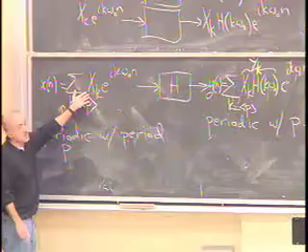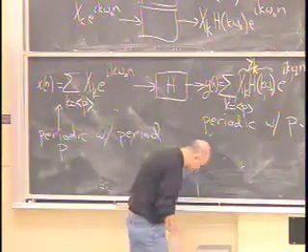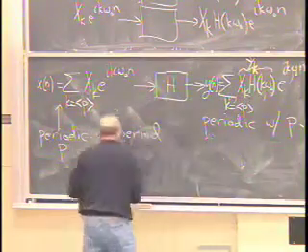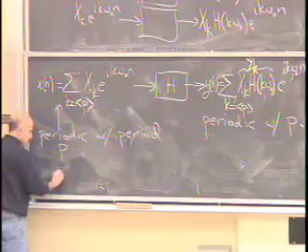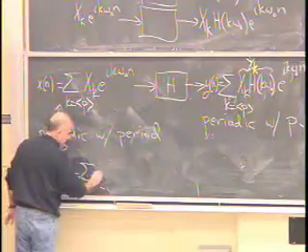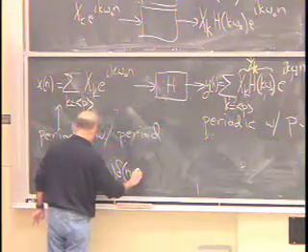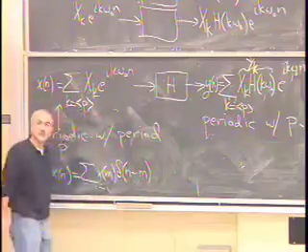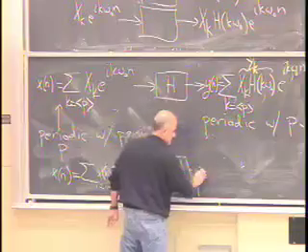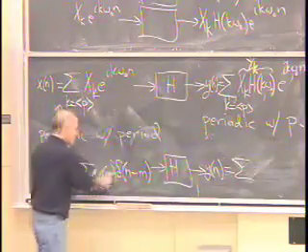This is not unlike what you knew from before, where you decompose an arbitrary but not necessarily periodic signal in terms of impulses, and you sent them through the LTI system, and you got out y, the same linear combination.